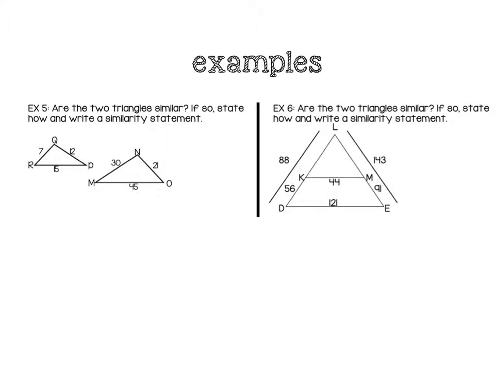Now when I look at number 5, I have to be careful because QR is actually corresponding to NO. So I'm going to be looking at 7/21. And then I've got 15 is corresponding to 45.